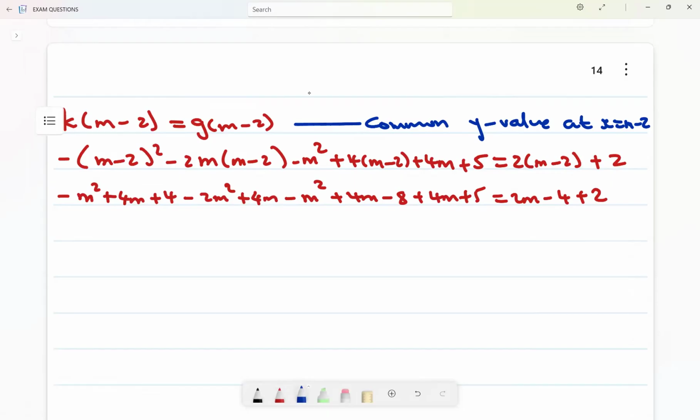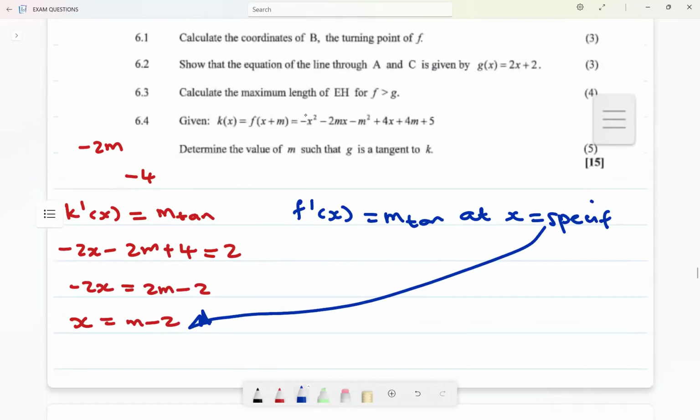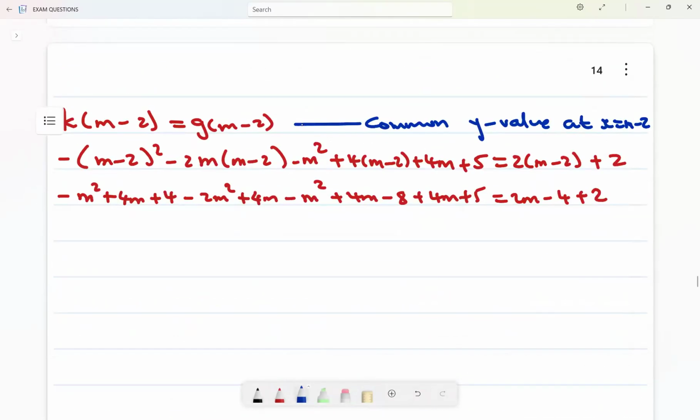Negative m squared, let me see. Negative m squared minus 2m squared. Was it minus, guys? Minus 2m squared. Okay. 4m plus 4m. So let me just collect, guys, what I have.